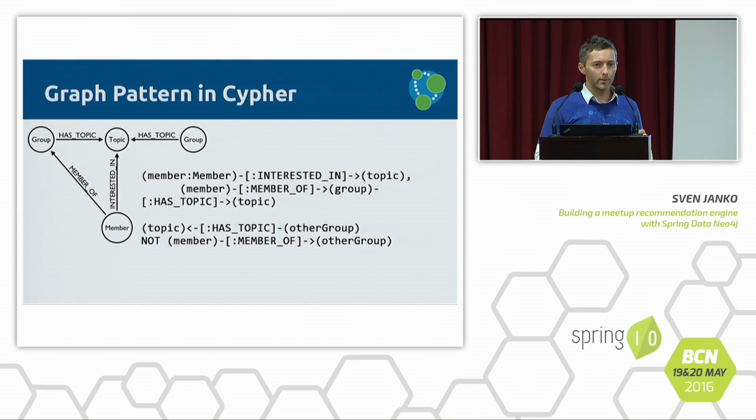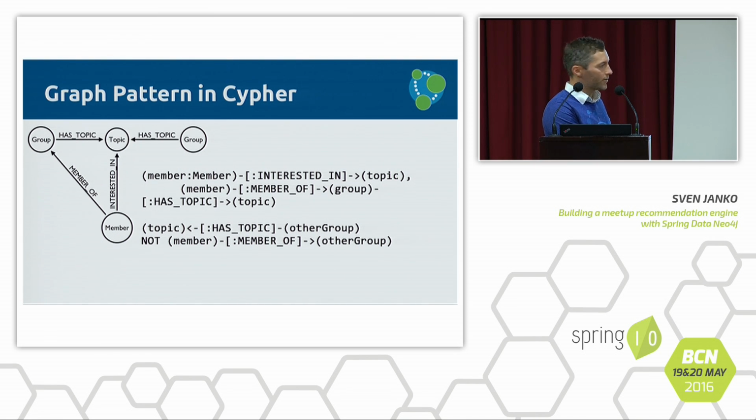And with that, we again can write our queries. In fact, it's again copying and pasting. So this first one here is the member is interested in the topic, which is this path. And then we have a member which is a member of a group, and that group has a topic.